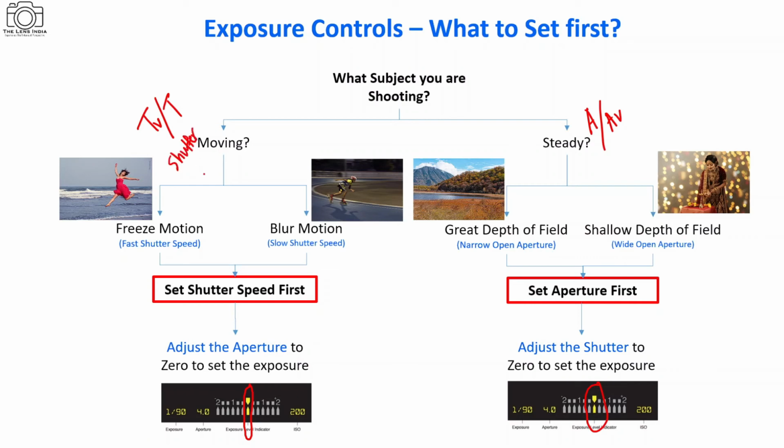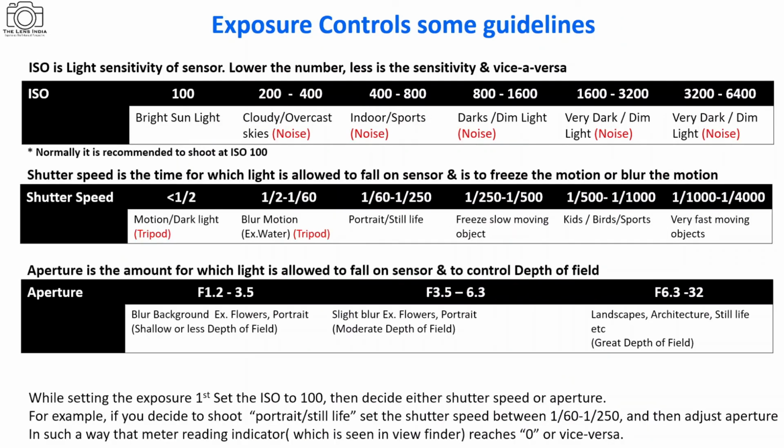So this is how we determine, and with the balance remaining parameter we will set the exposure. This is the simplest thought process we can use while controlling the exposure. Now let's see some examples.